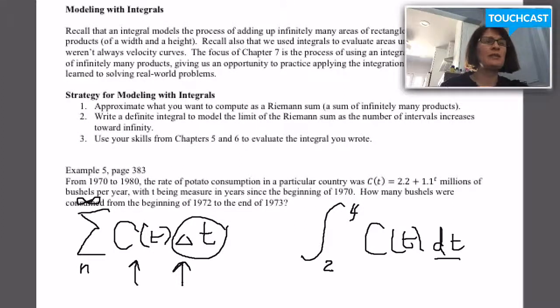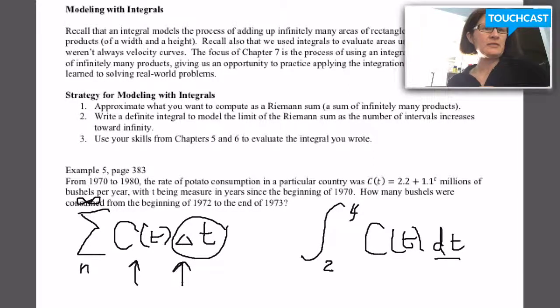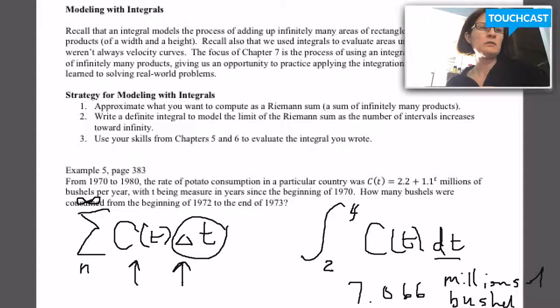So this you can plug into your calculator, and you can arrive at this answer, which is 7.066. The original rate was measured in millions of bushels per year. So this is millions of bushels of potatoes.